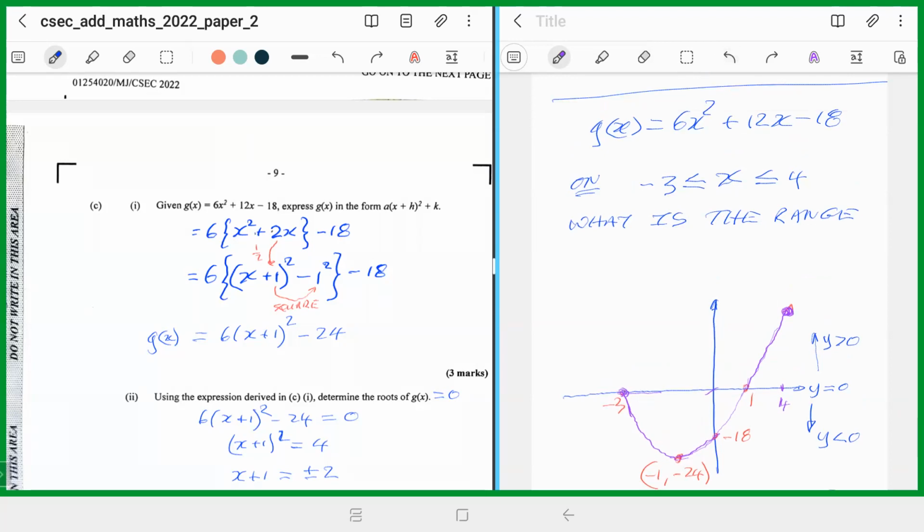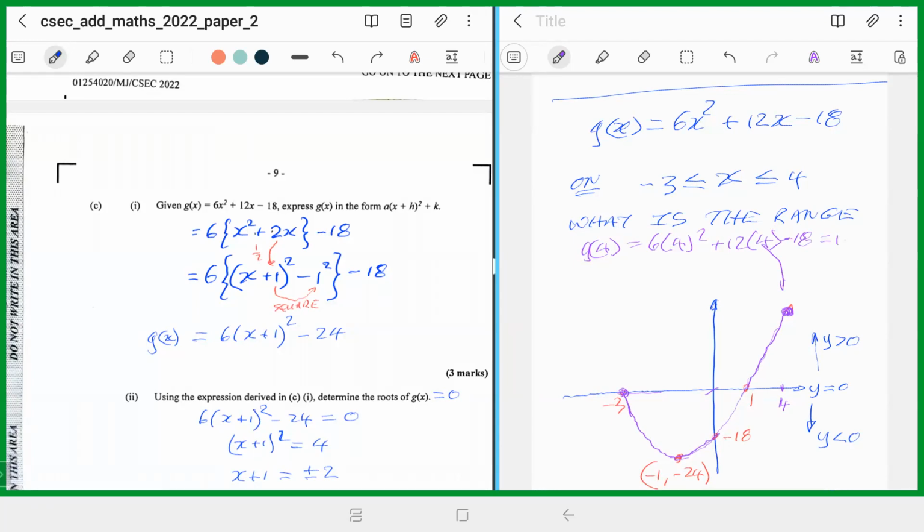So right here, my y value, I can say g of 4 equals 6 times 4 squared plus 12 times 4 minus 18. Work that out for me. 126.